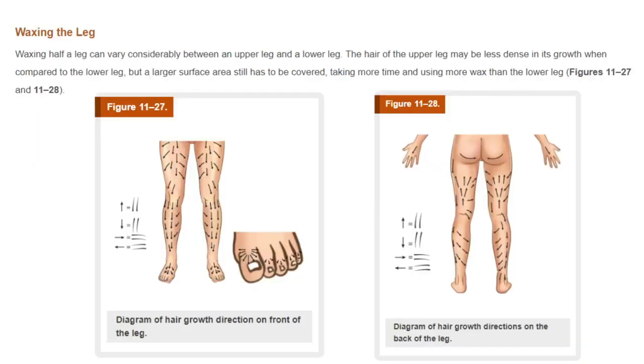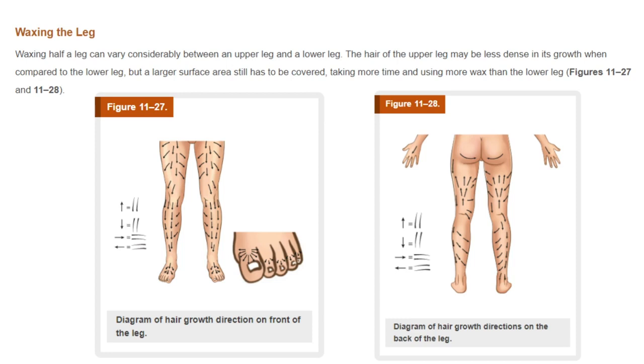Waxing the leg. Waxing half a leg can vary considerably between an upper leg and a lower leg. The hair of the upper leg may be less dense in its growth when compared to the lower leg, but a larger surface area still has to be covered, taking more time and using more wax than the lower leg. Figures 11.27 and 11.28. Figure 11.27.